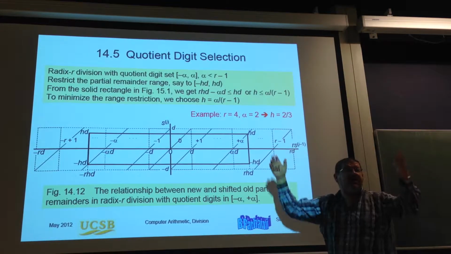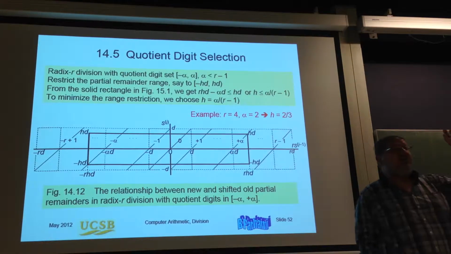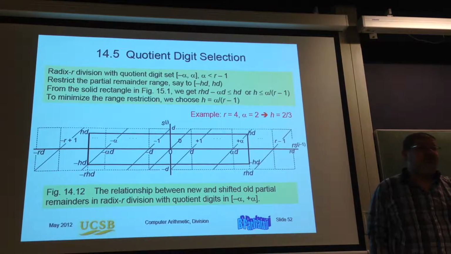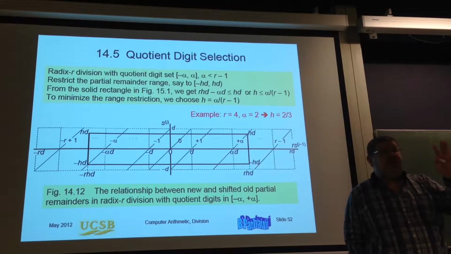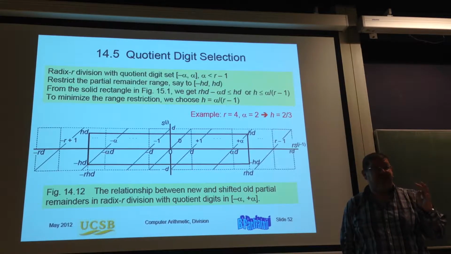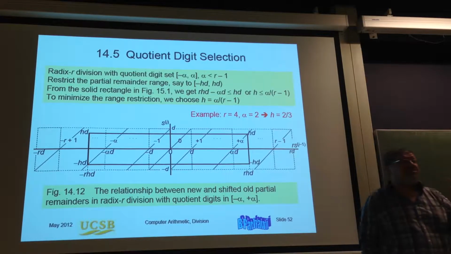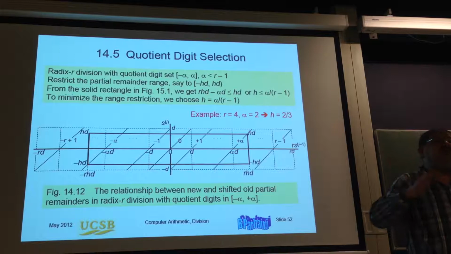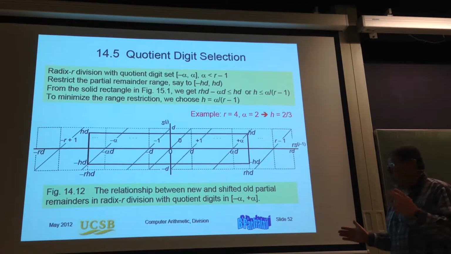In our case, we started with radix 4 in -3 to +3, and we ended up in -2 to +2. Then I got rid of the formation of the minus or plus 3D, but the space is getting more crowded. And this is making the decision a bit more difficult.